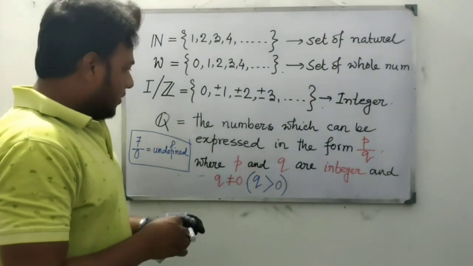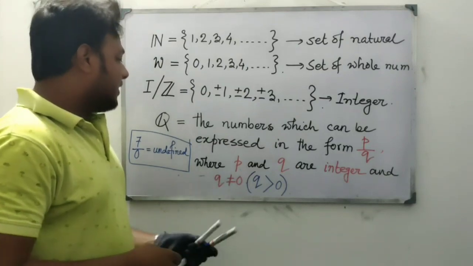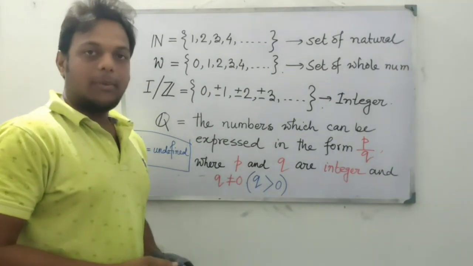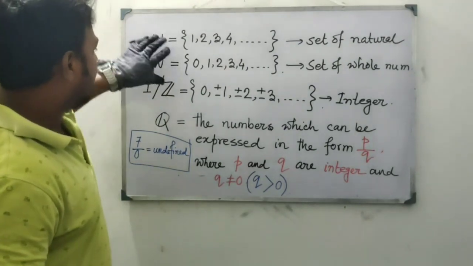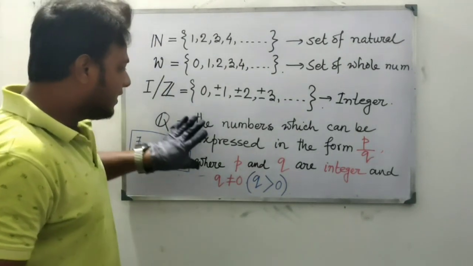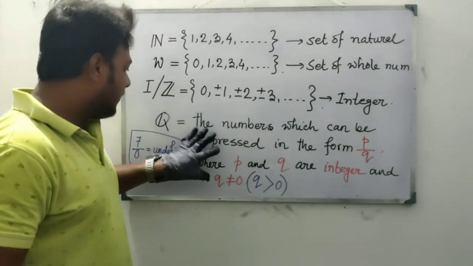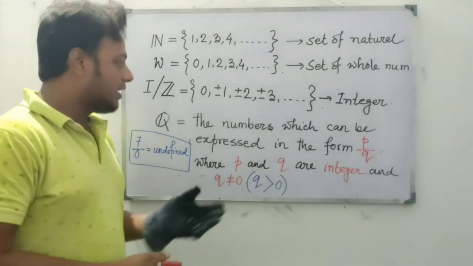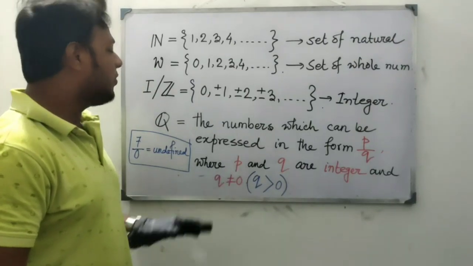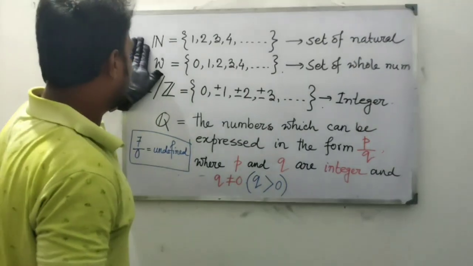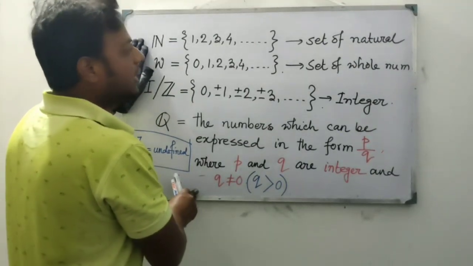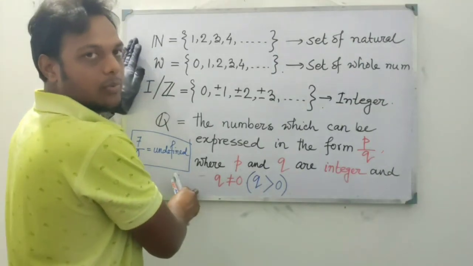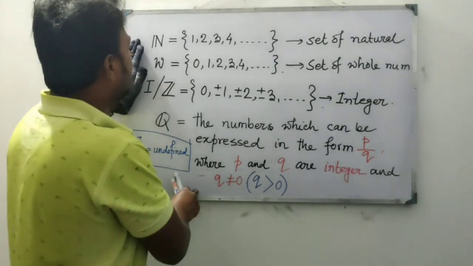So why have they considered Q greater than 0? I am explaining to you. This part is less important, but in this chapter the definition of a rational number is very important. First I am considering some examples of a rational number. I am erasing the top portion. Hope all of you have noted down this part.